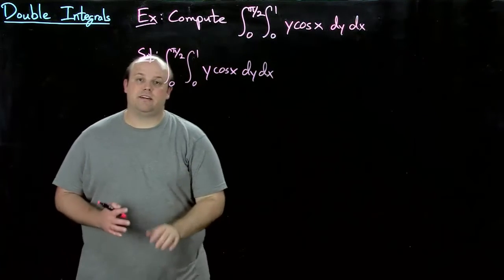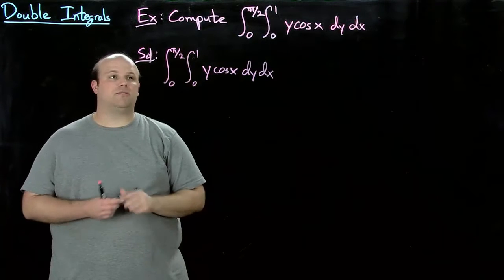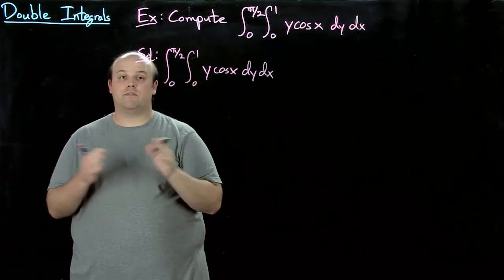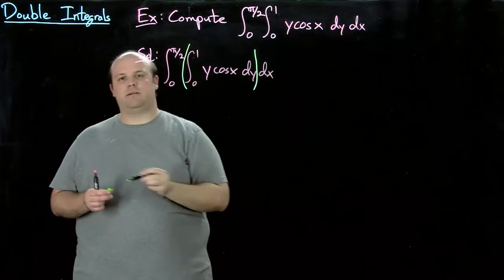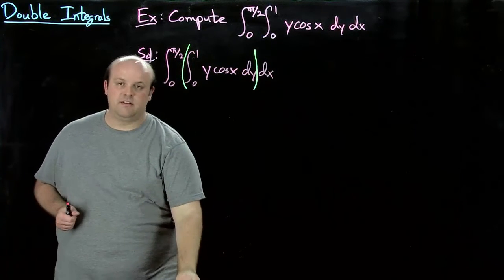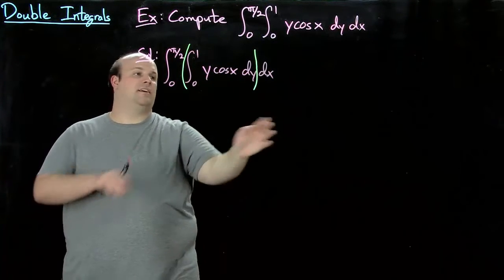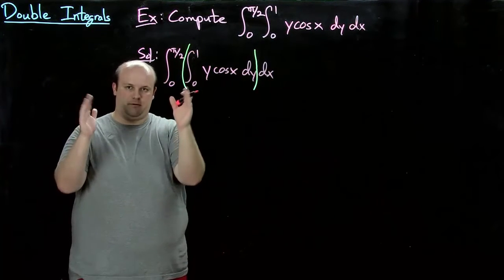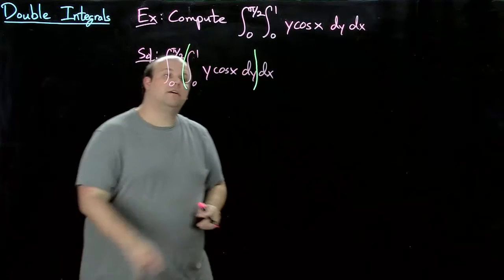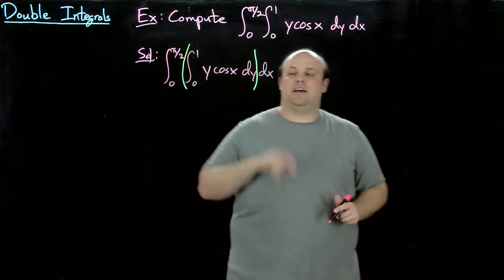The important thing to remember when you're doing multiple integrals is we always work from the inside out. So this thing inside the green parentheses here always happens first, then the outside one. Think back to the Riemann sums. We had the parentheses in the middle. So this guy always has to happen first.